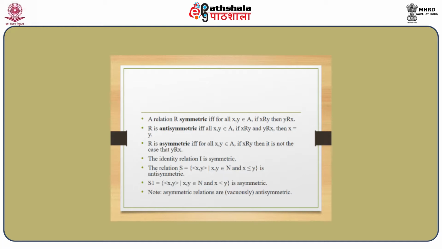Note that asymmetric relations are vacuously antisymmetric. They are antisymmetric by definition. Note that an antisymmetric relation is simply an asymmetric relation which possibly contains some ordered pairs where the first member and the second member are identical.